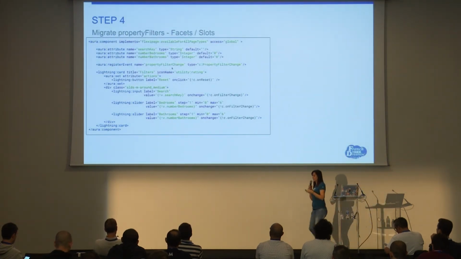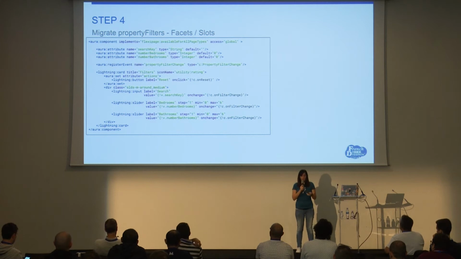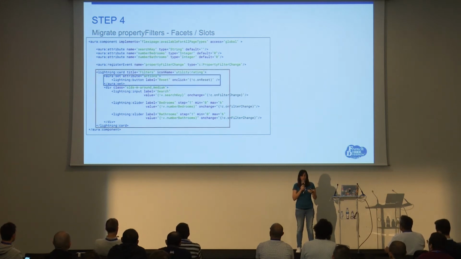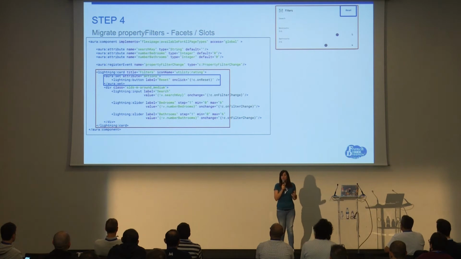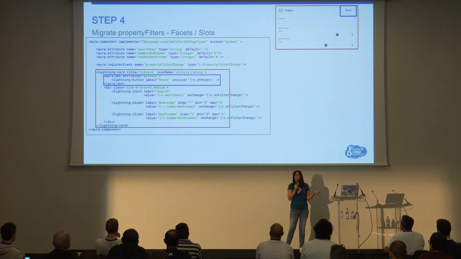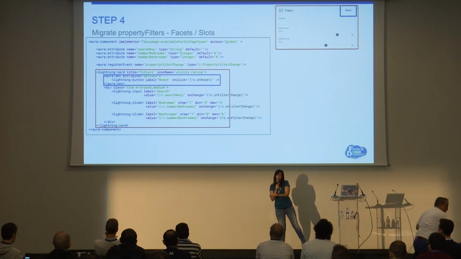So one thing that we need to know when migrating this kind of components is how to migrate facets. So facets were a kind of attribute that we could define in Aura that could receive any arbitrary HTML from the parent so that it's placed in a specific area of the component.